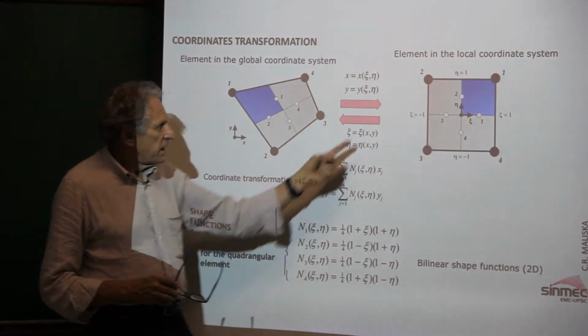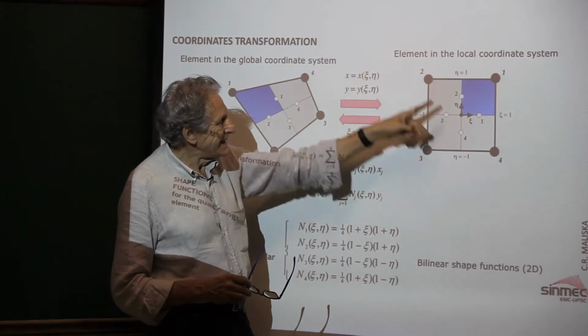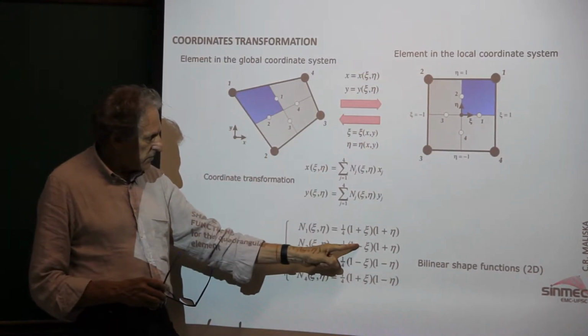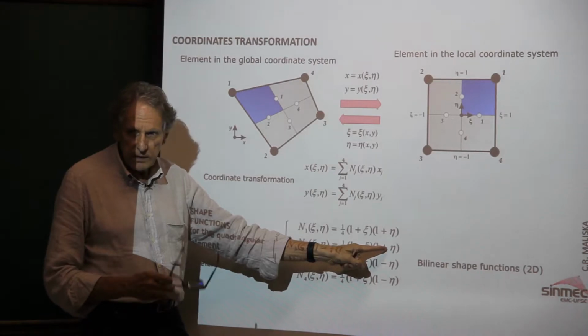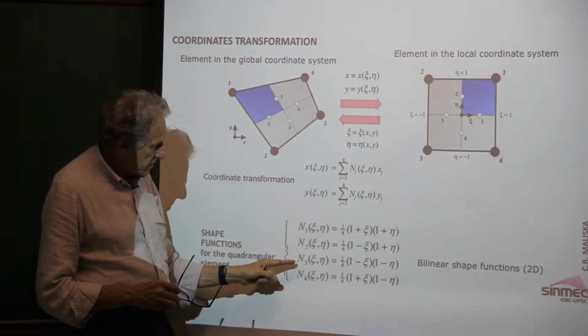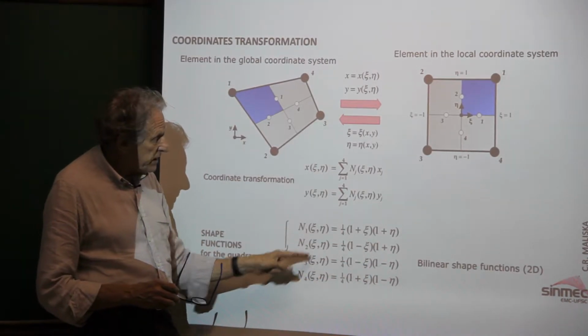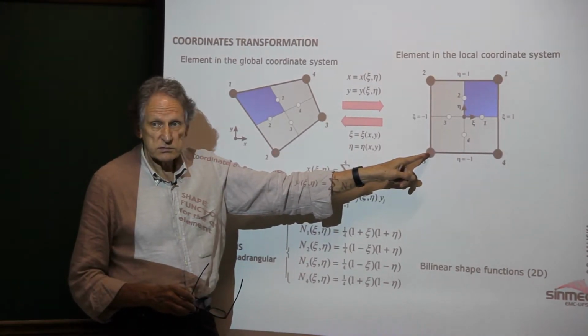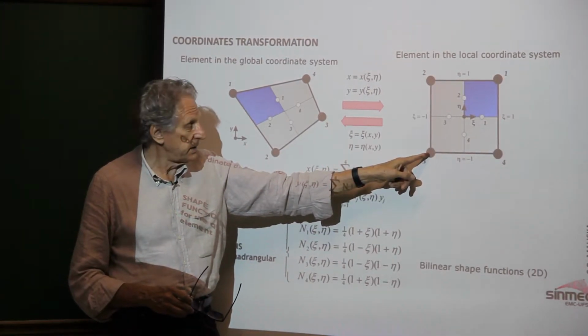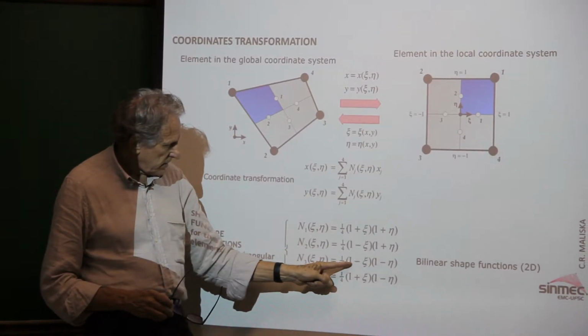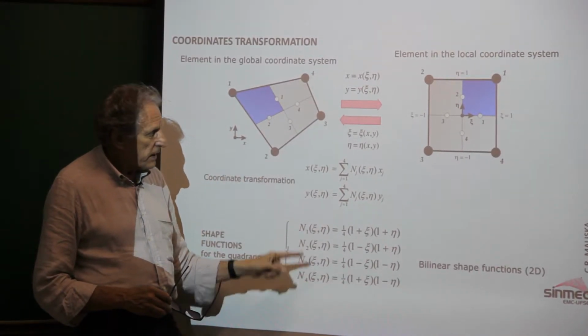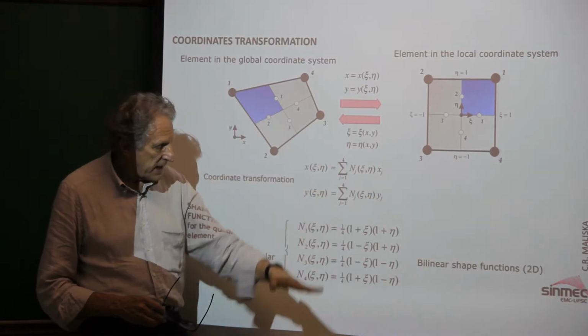N2 is eta 1, xi minus 1, so minus plus. N3, minus minus: xi minus 1 and eta minus 1. N4, plus minus.